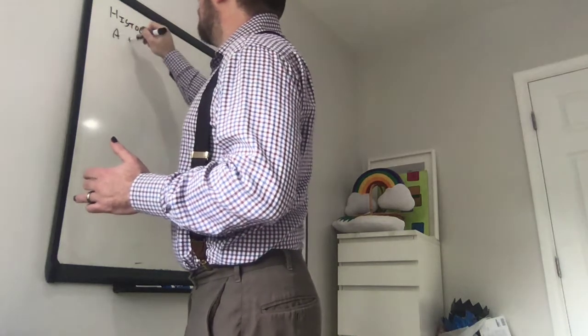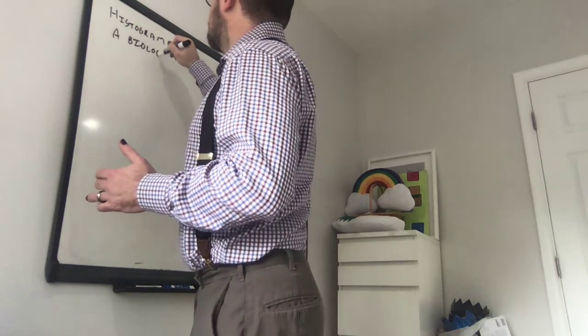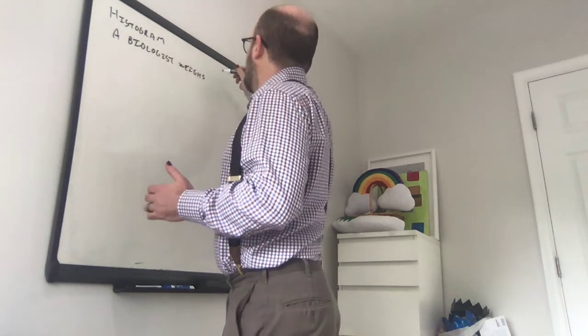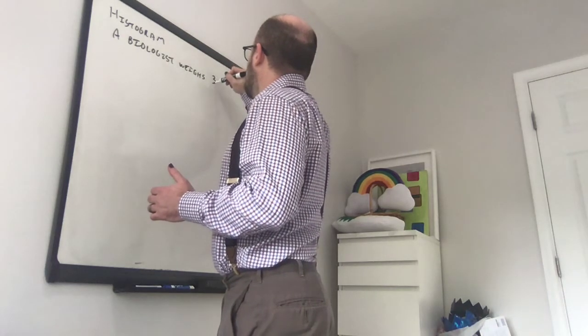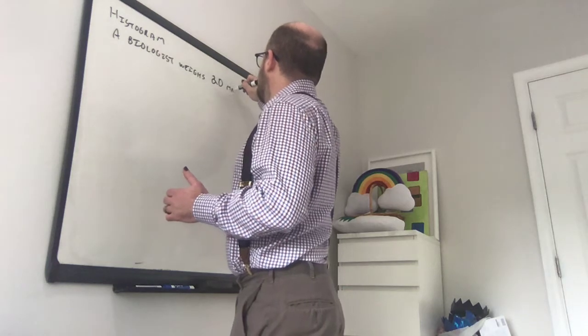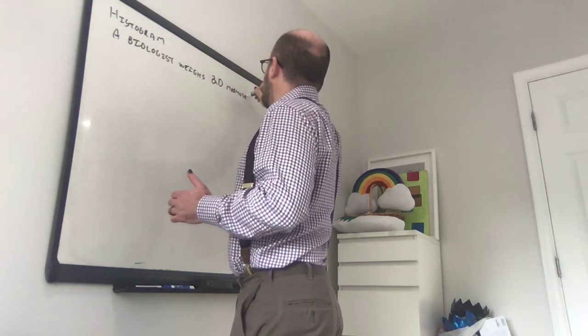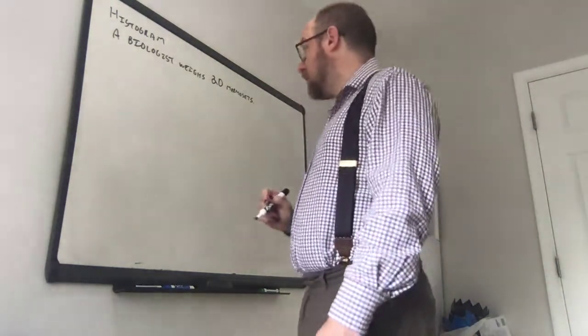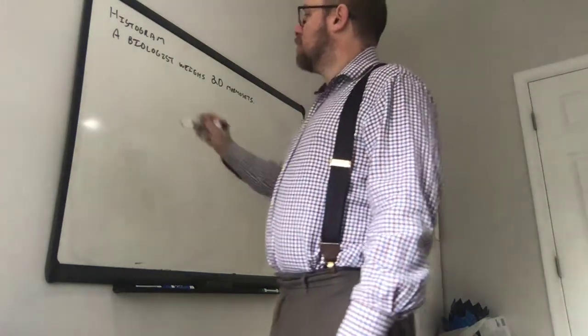Let's say a biologist weighs 20 marmosets. Okay, so if you don't know what a marmoset is, that's fine, it doesn't actually matter, right? So a biologist weighs 20 marmosets.